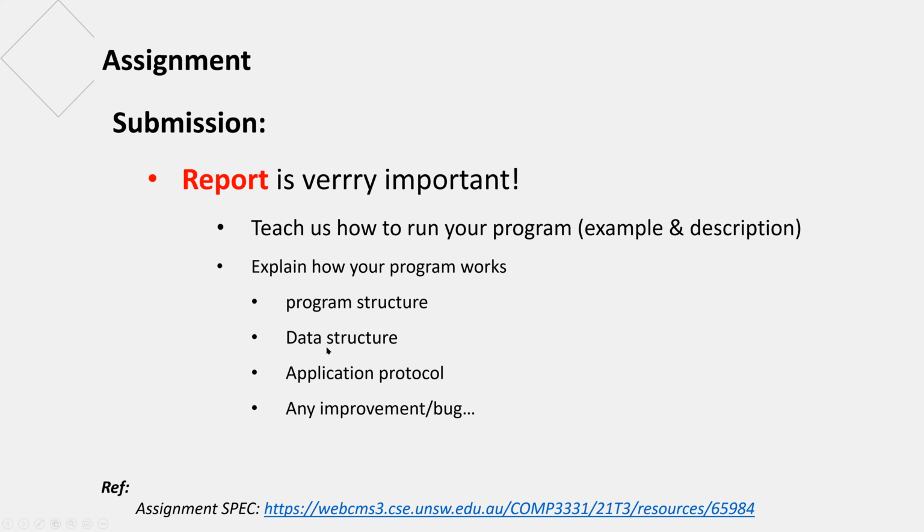This data structure will be like how your client and server communicate with each other and understand each other. You can say you send a JSON format message between your client and server, or probably you just send a simple string, or even a binary string or something. Just explain it.